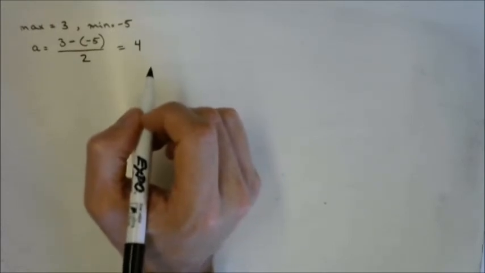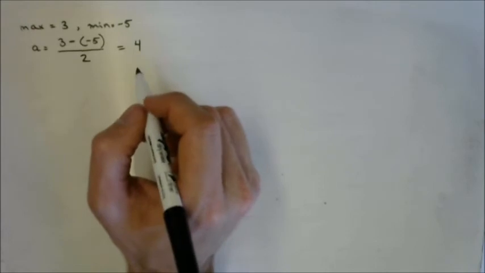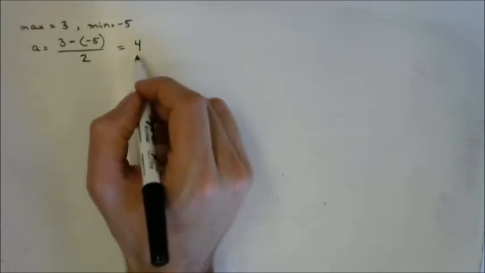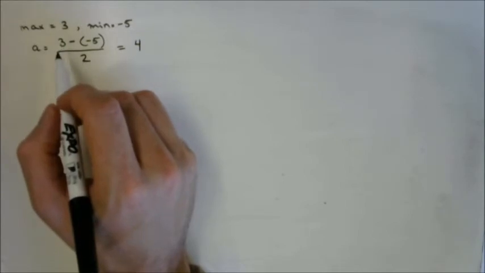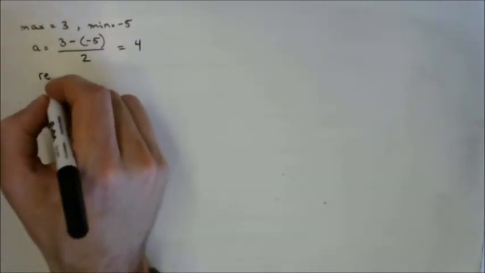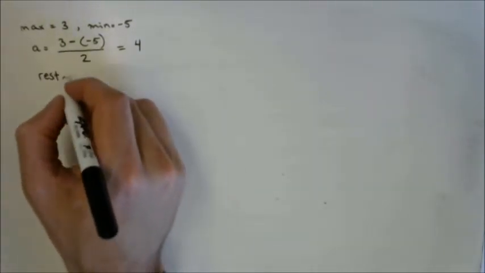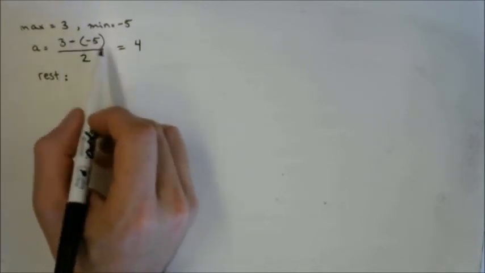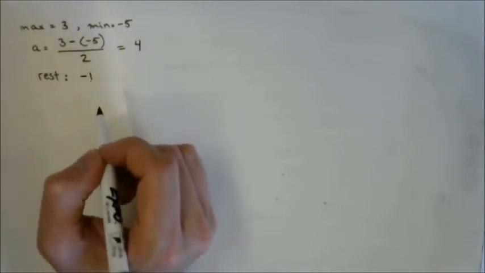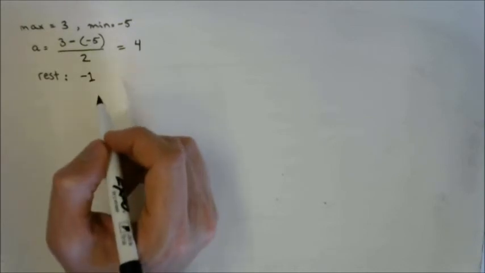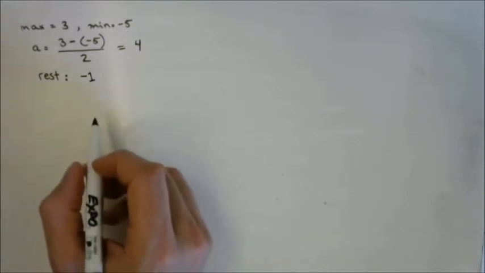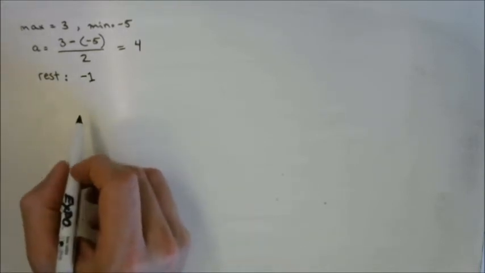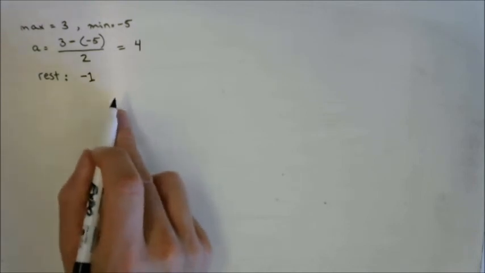So all we have to do is count down 4 from the max, and we'll get the rest. Does that make sense? So the rest is 3, take away 4, the rest occurs at -1. And you can check the picture to see if that seems to make sense. You can draw a horizontal dotted line through the point -1.